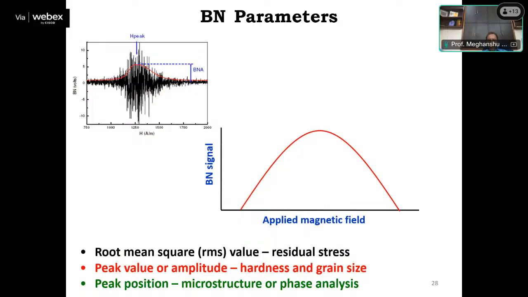The amplitude or the peak value of this curve is related with micro hardness or grain size of the workpiece material or the manufactured component. The peak position, meaning the position of the peak on the x-axis, indicates the microstructure or phase of the manufactured component. So how will this signal be utilized? Let us see.